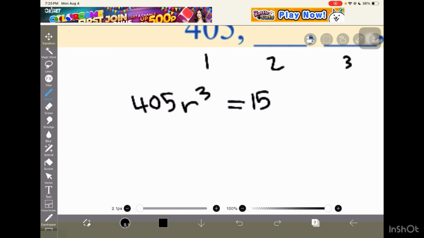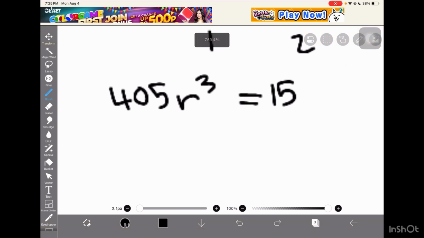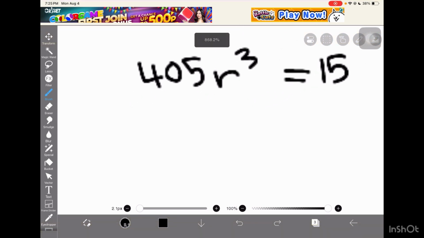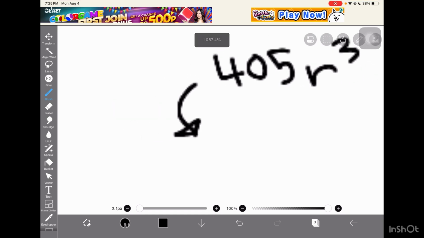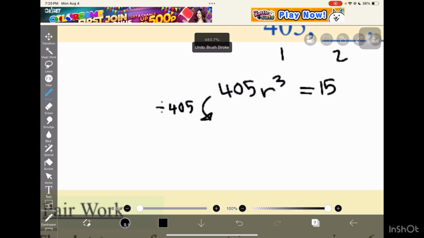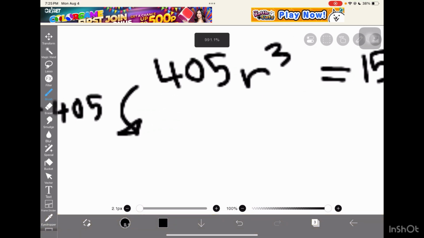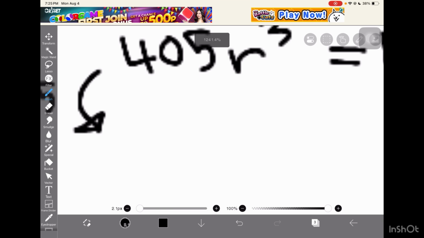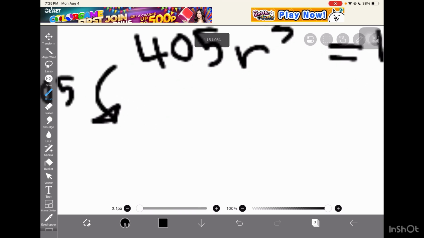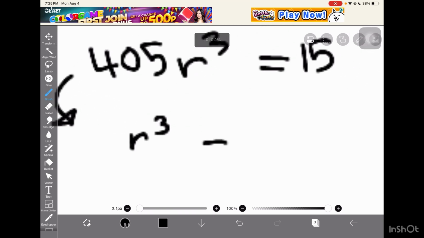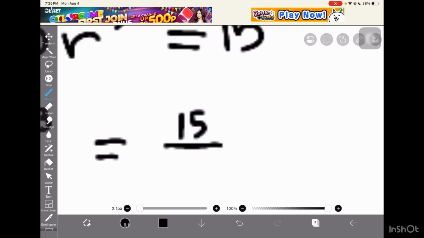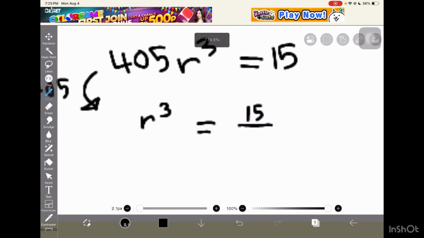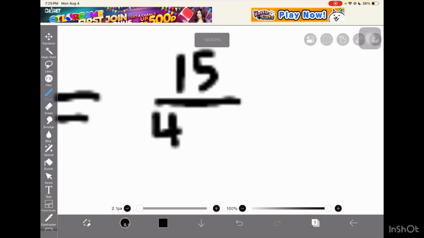But once again, we're going to have to isolate r cubed. So we need to divide both sides by 405. And if you've learned from physics, this is basically just deriving once again. Dividing both sides by 405 means that this will be cancelled out, because 405 divided by 405 is just 1, and you don't need to write 1. So you can just put r cubed is equal to 15 over 405.